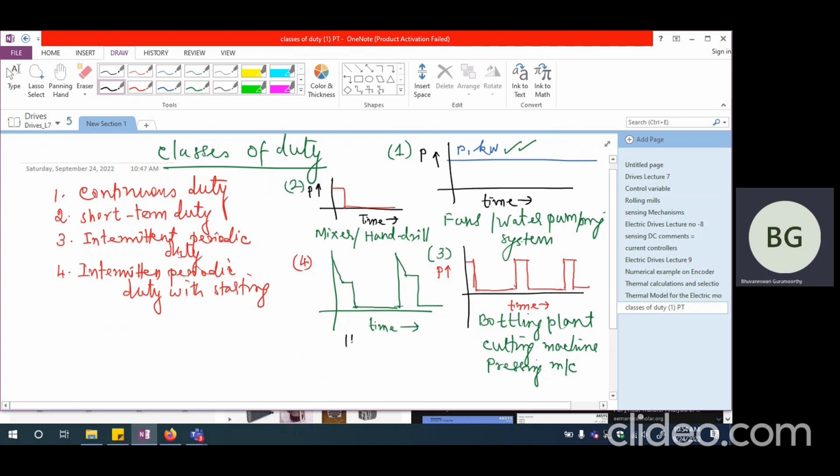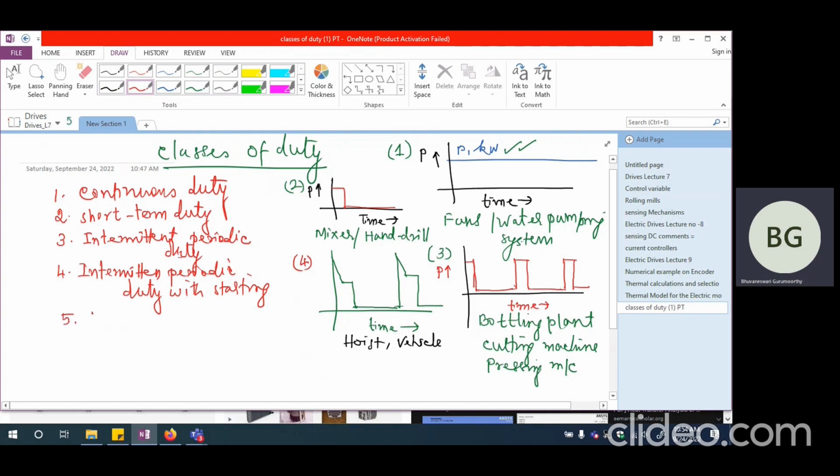This could be in a hoist. This could be even in some kind of short distance vehicle, like a road roller, which goes until the end. You might stop. Then again, you might have to come back to apply the roller on the road that is already laid. So this can be intermittent periodic duty with starting.